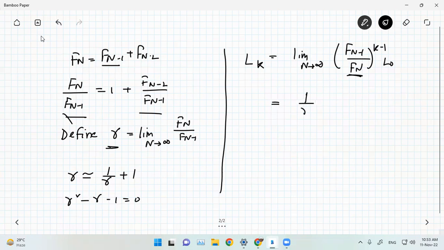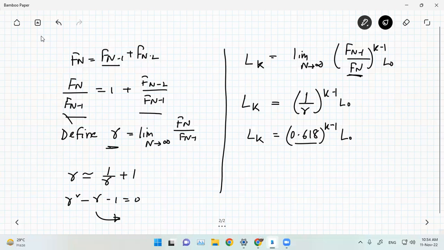So 1 by gamma to the power k minus 1 L0 is basically our Lk. This ratio is known as the golden ratio, and it will be figured out from the solution of this equation. If we plug in the value here, this will be 0.618 to the power k minus 1 L0.